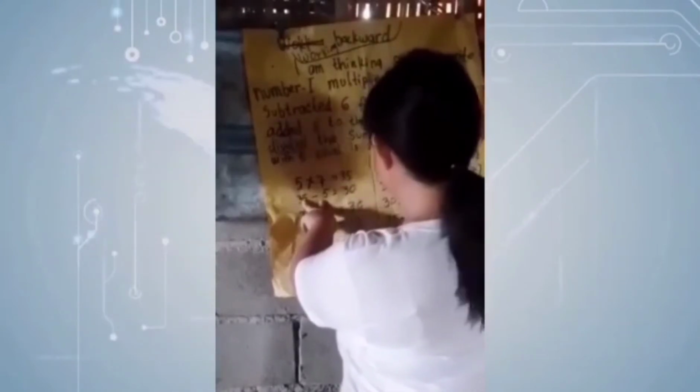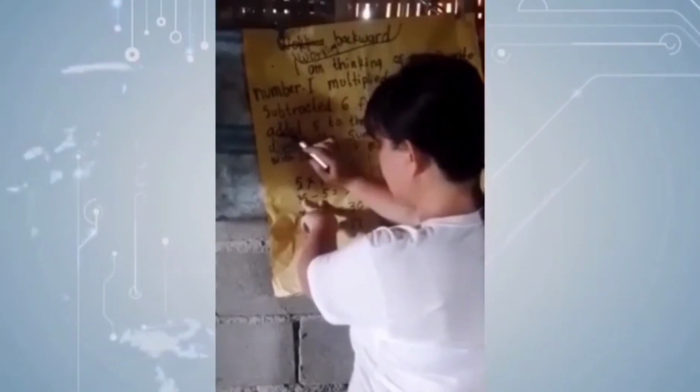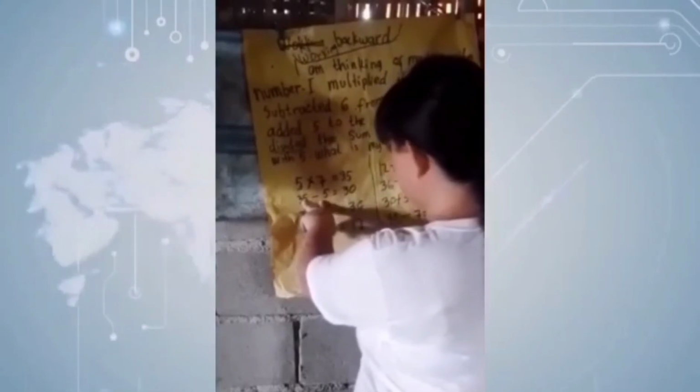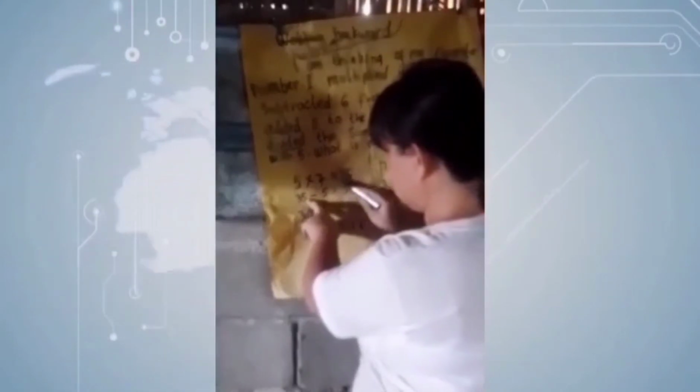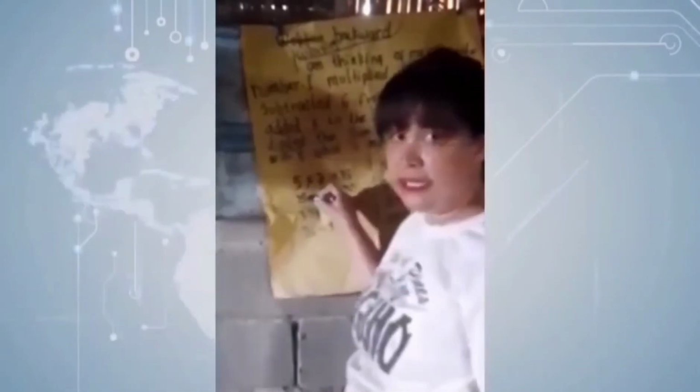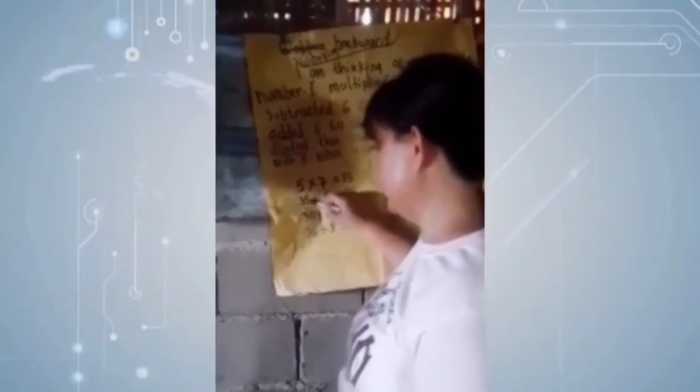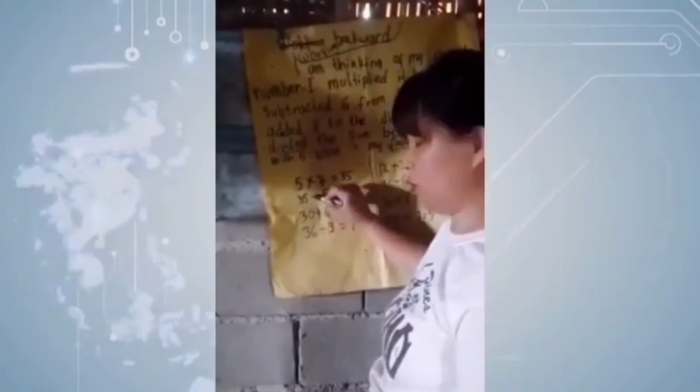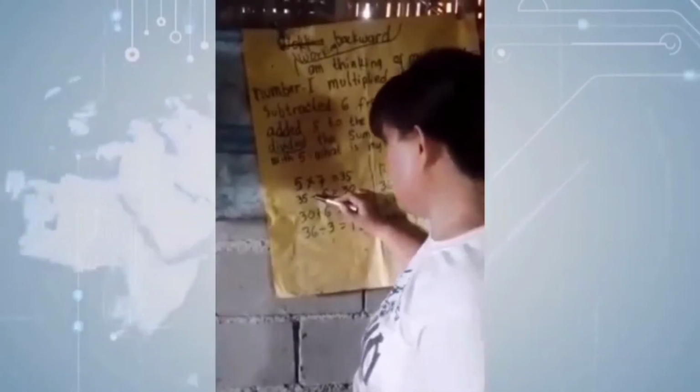The question says I added 5 to the difference of the product. So the sum is 35. He or she mentioned that he added it. So the opposite of addition is subtraction.